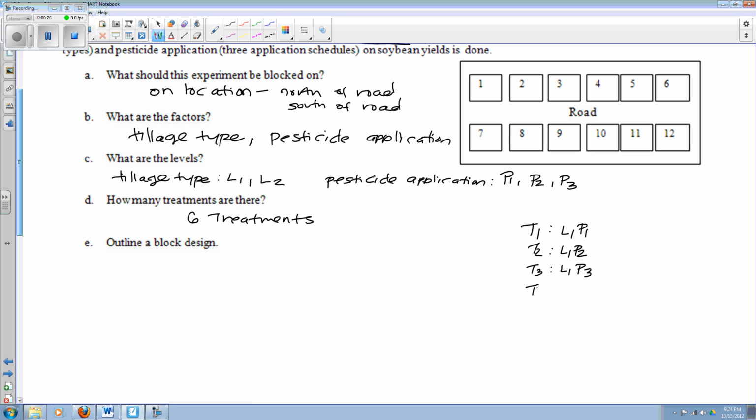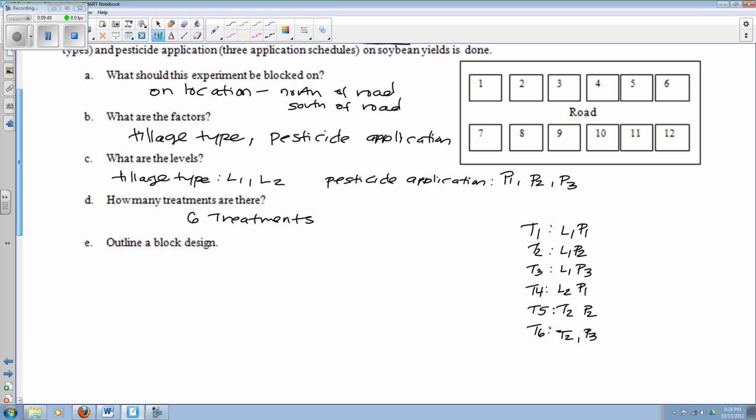And then we're going to do the same thing for level 2 of the tillage. So we can have pesticide 1, pesticide 2, and treatment 6. Tillage type 2 and pesticide 3. So those are our 6 different treatments.